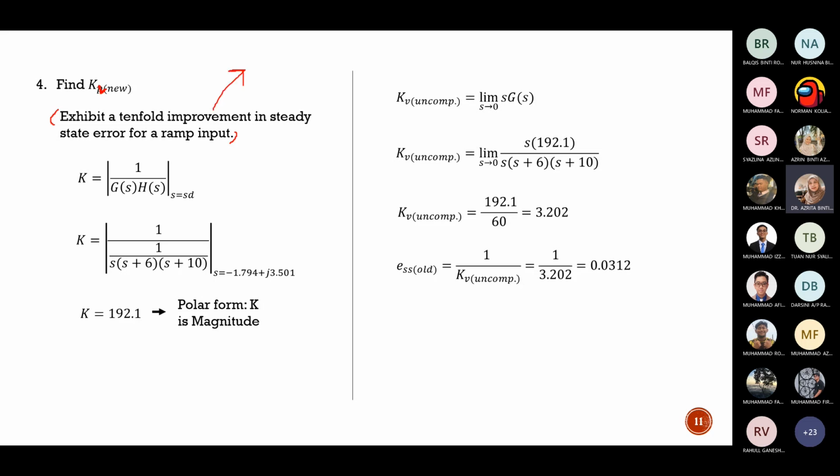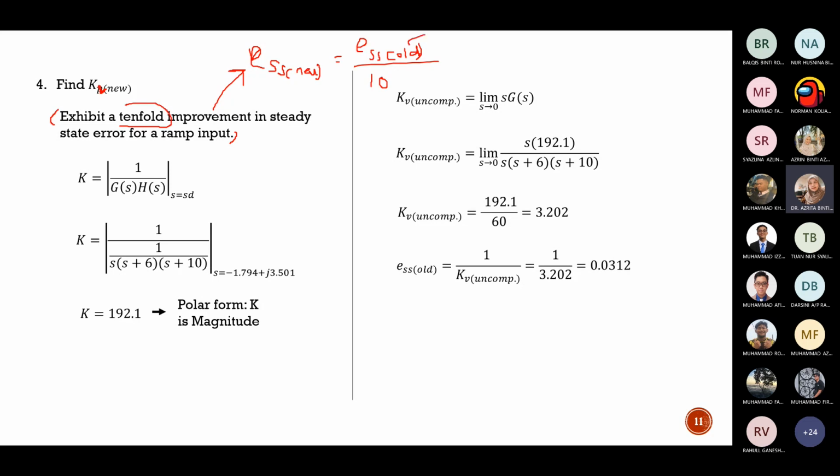So when we translate this design objective into the mathematical equation, our ESS desired, or I put as ESS new, is equal to ESS old over 10. So because tenfold improvement, ESS new equals ESS old divided by 10.